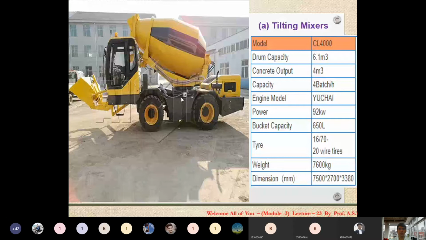If you see this type of model, this model is known as tilting mixers. Model CL400. If you see the capacity of the drum, it is 6.1 meter cube, so you can mix 6.1 meter cube of concrete at a particular time. Then the concrete output is 4 meter cube.